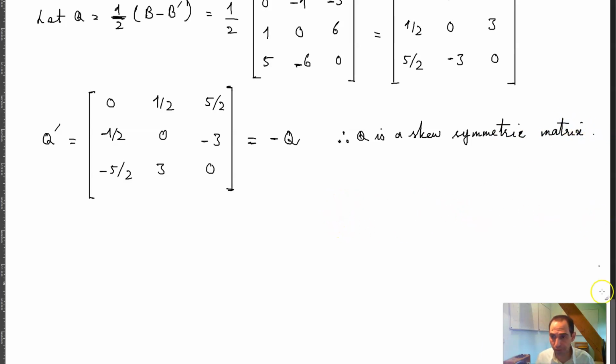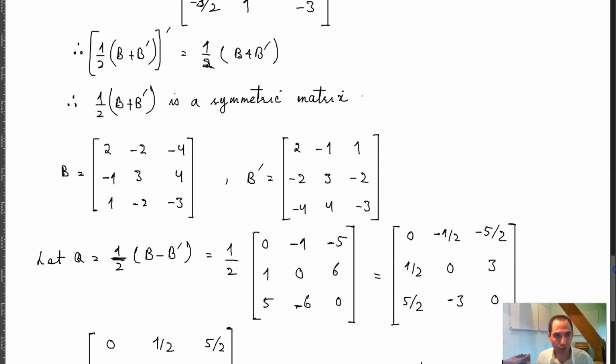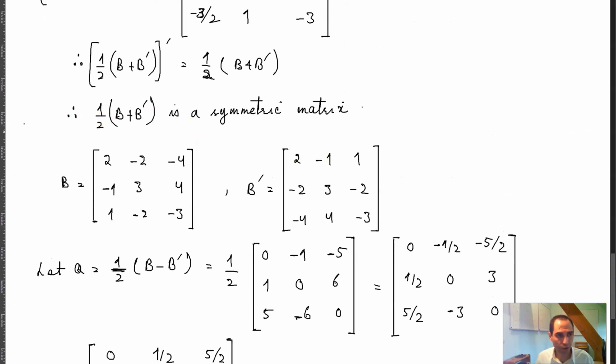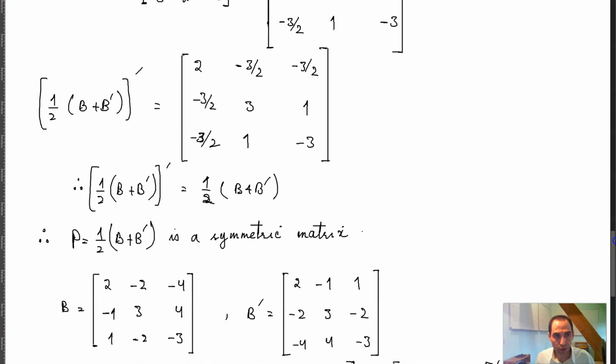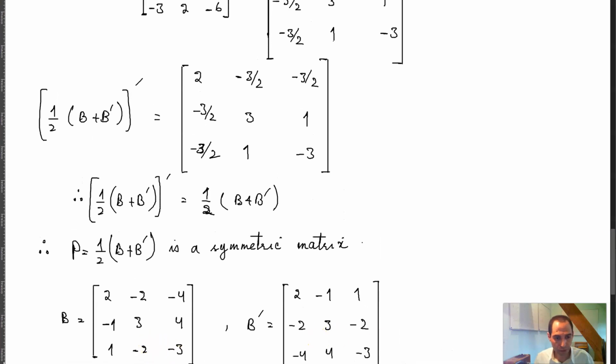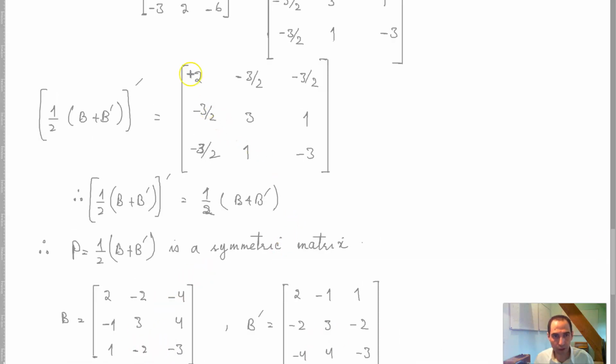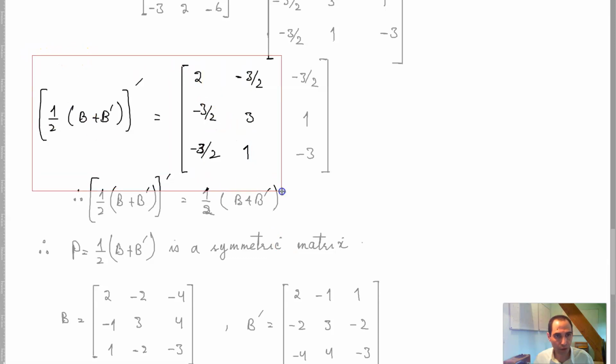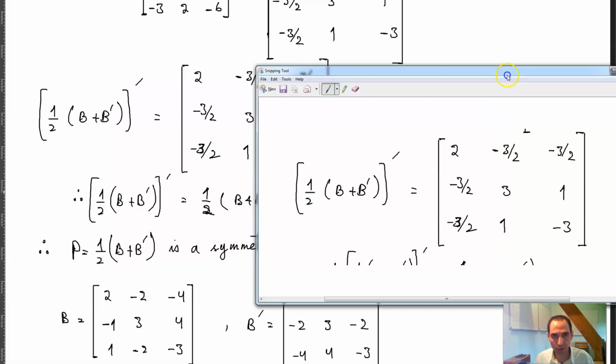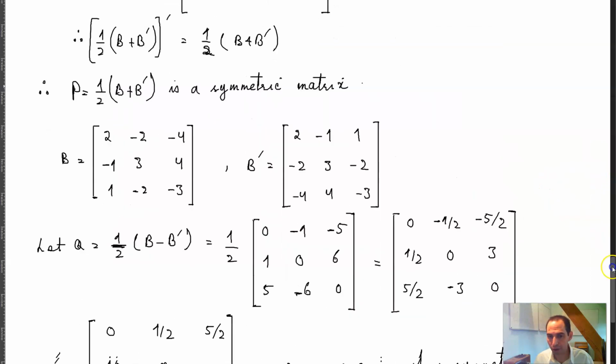So now if I call this matrix P, P is a symmetric matrix, Q is a skew symmetric matrix. Now, I can make a screenshot here.